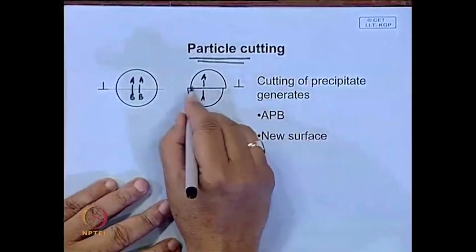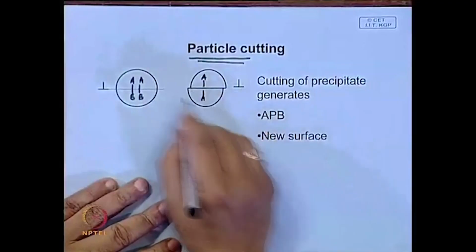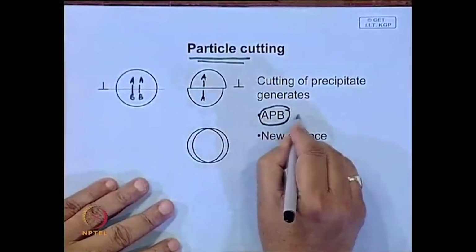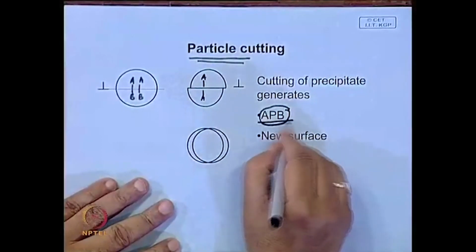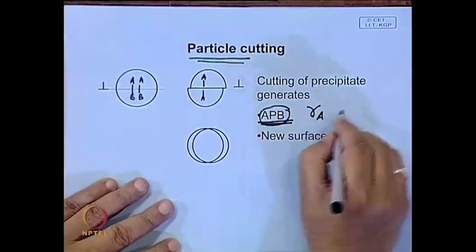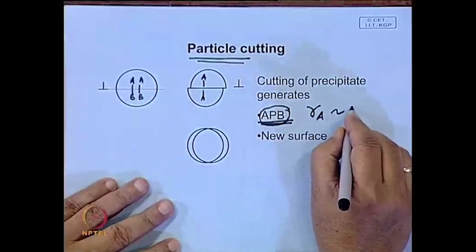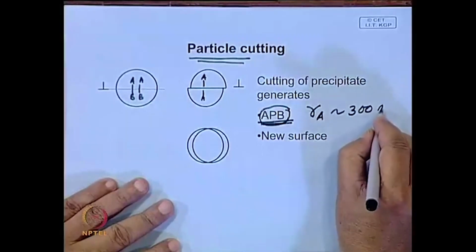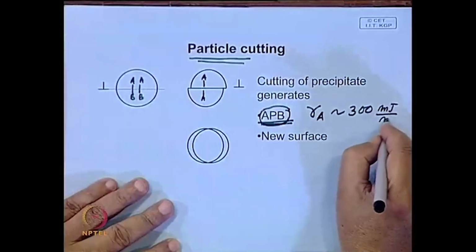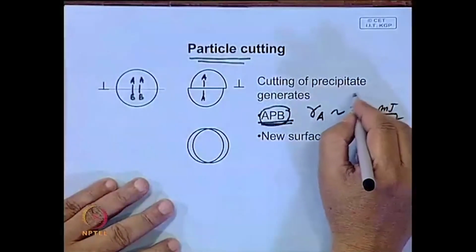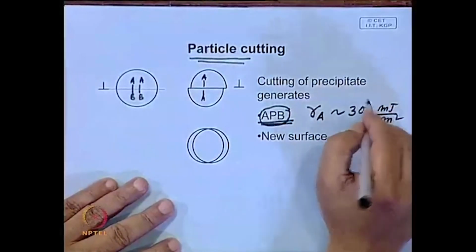This has an additional energy called the antiphase domain boundary energy, which can be quite large, around 300 millijoules per meter square, whereas for a coherent precipitate we have seen maybe 1/10 of this.